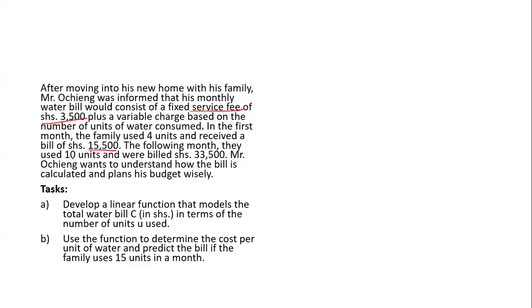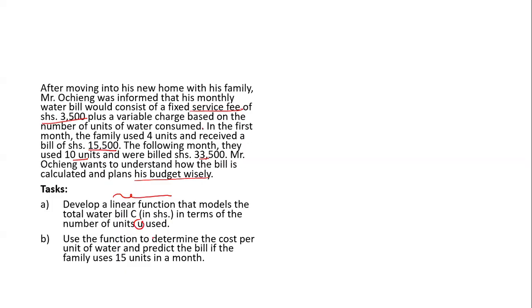The following month, they used 10 units and were billed. Mr. Ocheng wants to understand how the bill is calculated so that he can plan his budget wisely. The first part: develop a linear function that models the total water bill in terms of the number of units used.